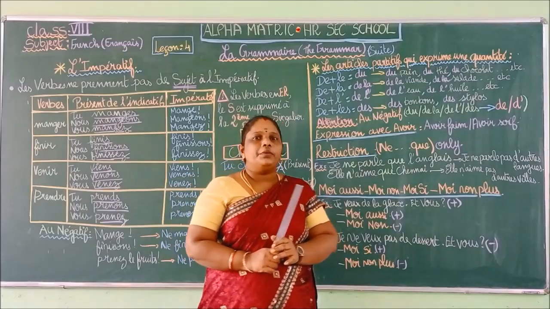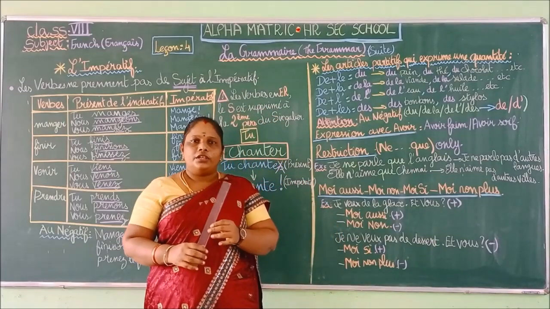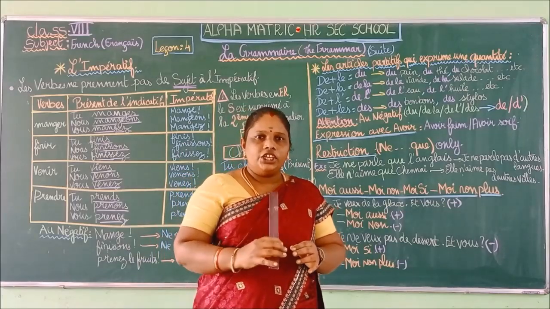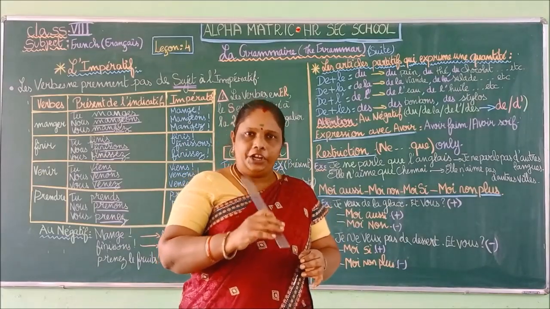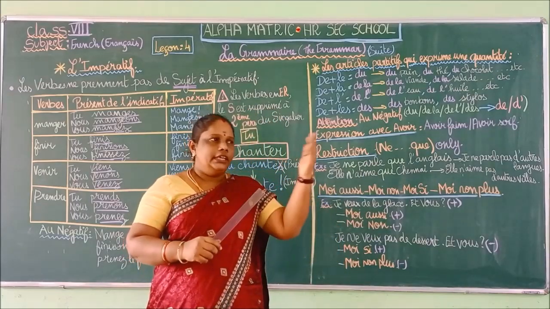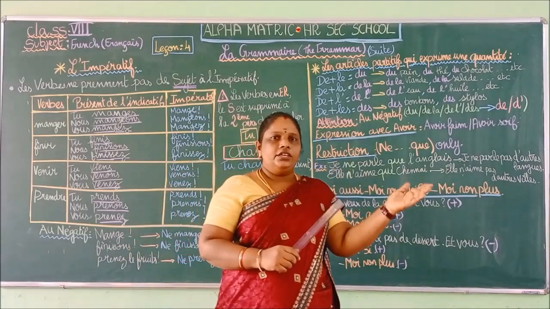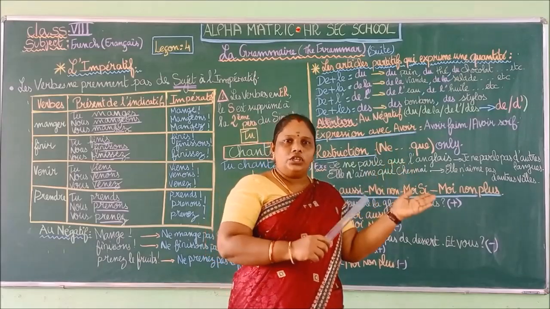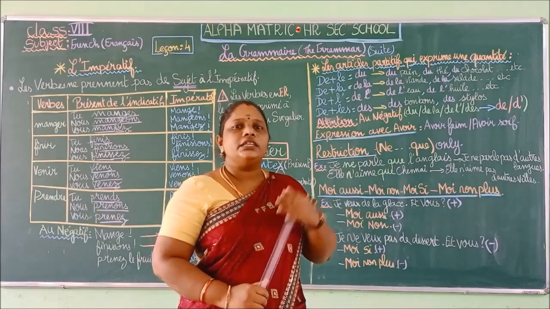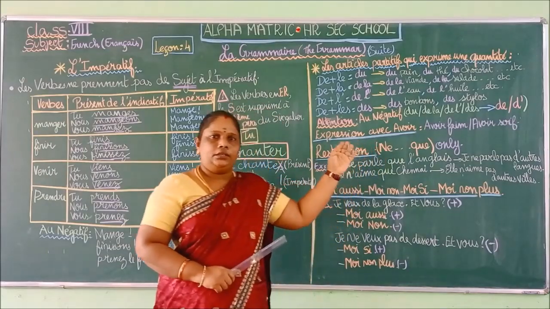For example, j'ai soif, I am thirsty, or je n'ai pas soif in the negative form. Or il a faim, he is hungry. He is not hungry, il n'a pas faim. So these are the expressions that we already learned.